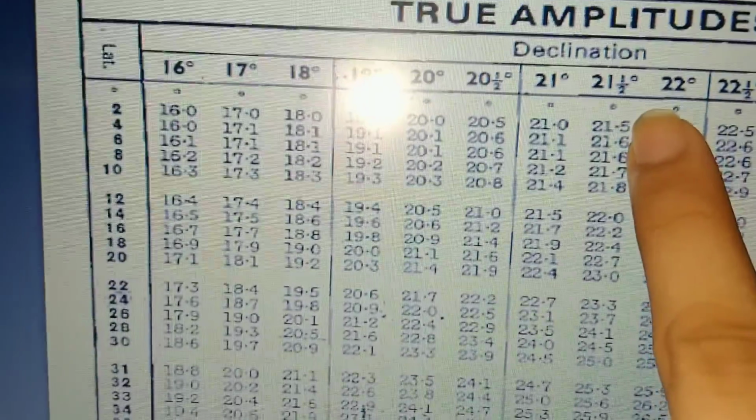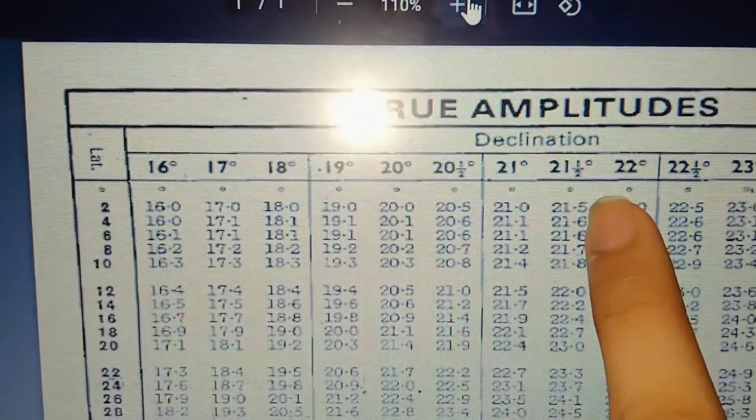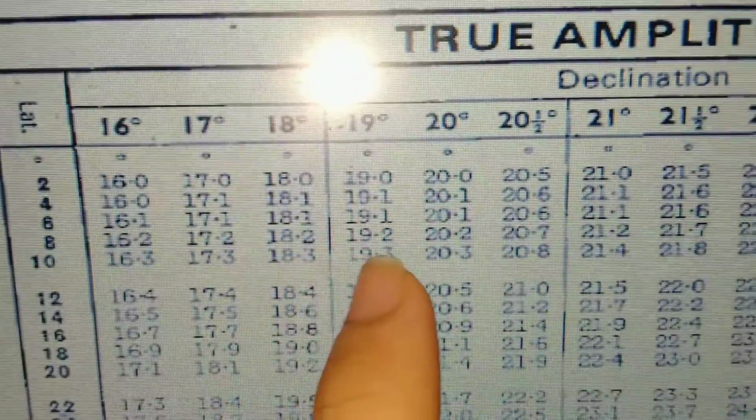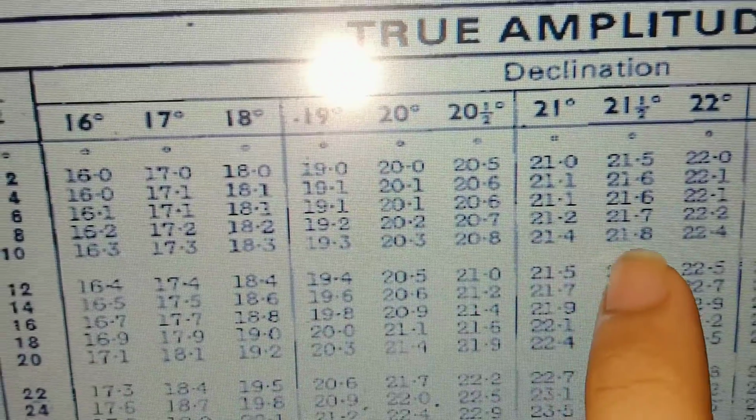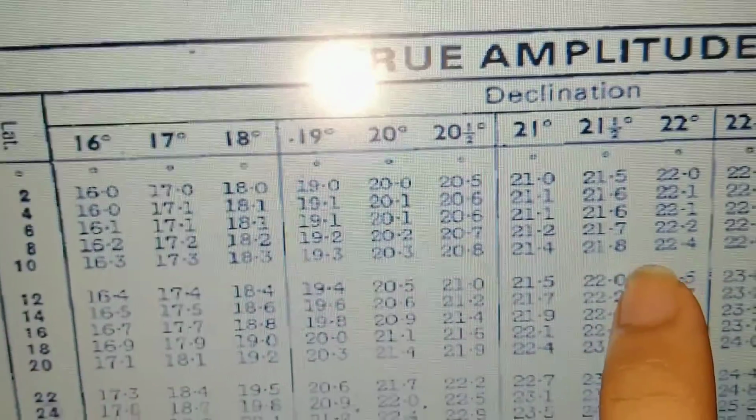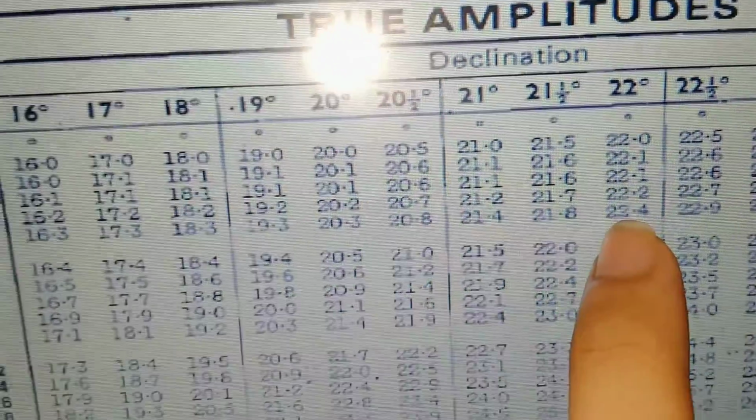So that is here 22. And then our latitude, which is 10. So we will get 22, so that would be 22.4.